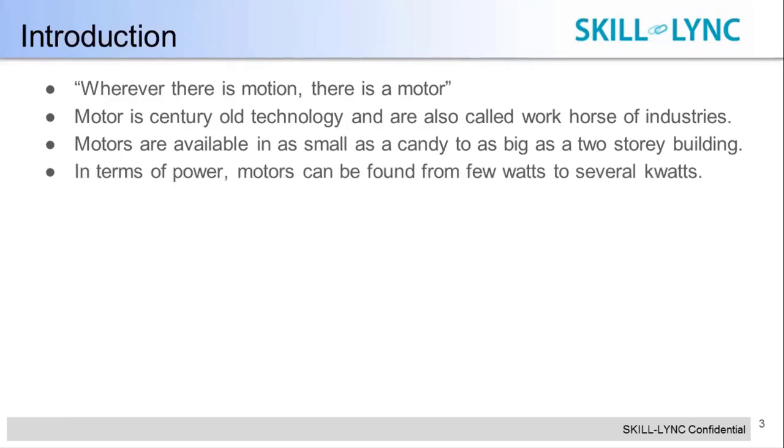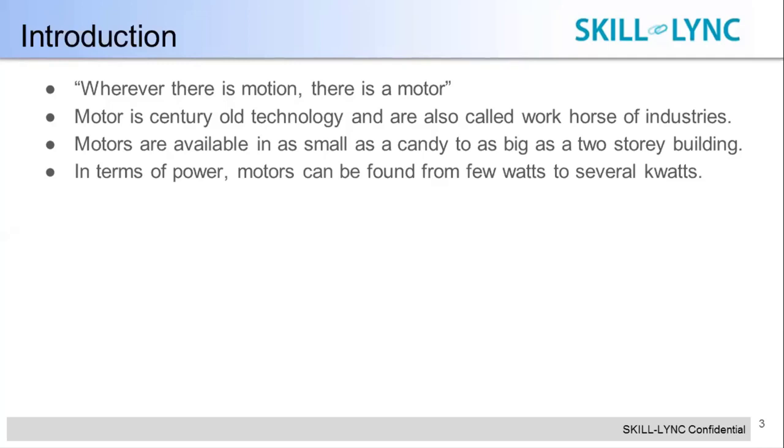If we talk about the power levels of motors, you might know that we measure electrical power in watts. So the output of the motor is also measured in watts. We can have motors from a few watts, say 3 or 4 watts, to several kilowatts.